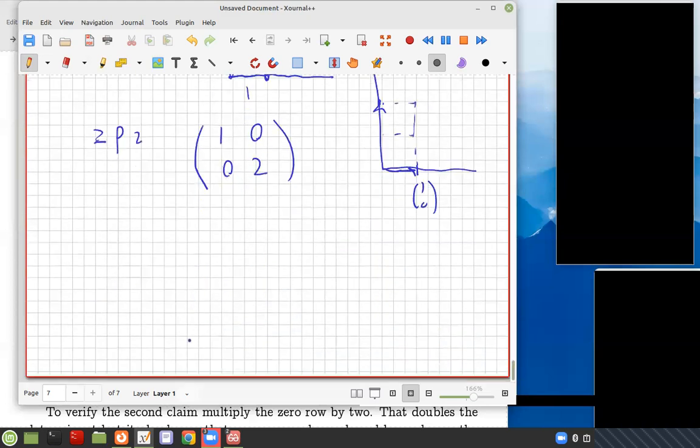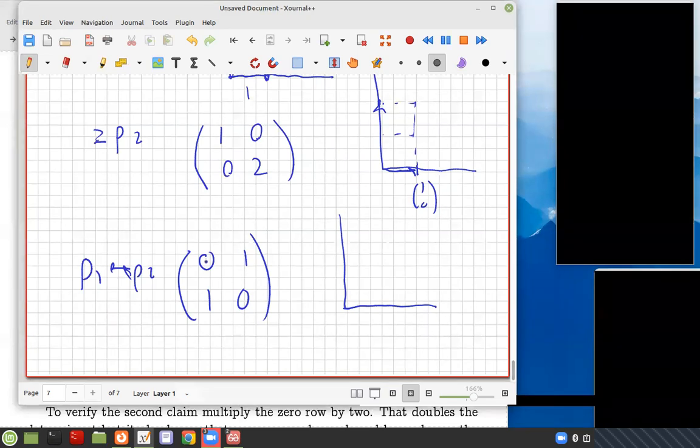And the other one, if I do row 1 to row 2, that's going to produce this one, right? It swaps row 1 and row 2. What does this one look like? The first vector, instead of 1, 0, is 0, 1, and the second vector is 1, 0.